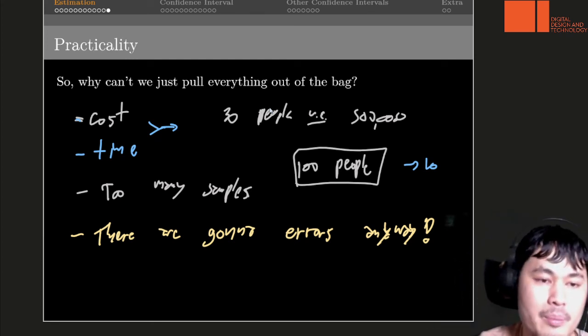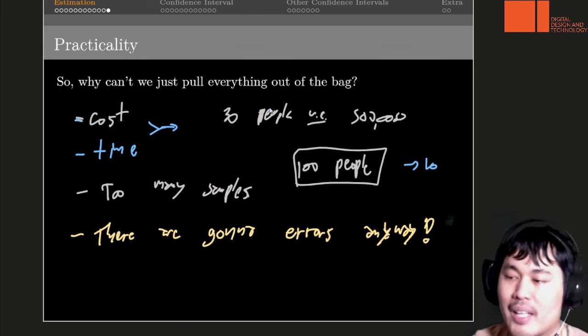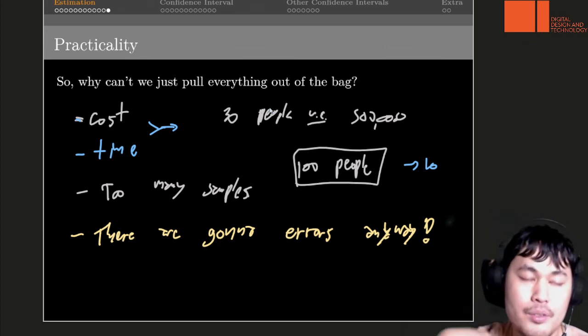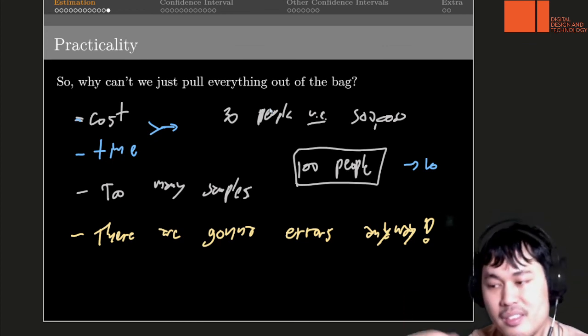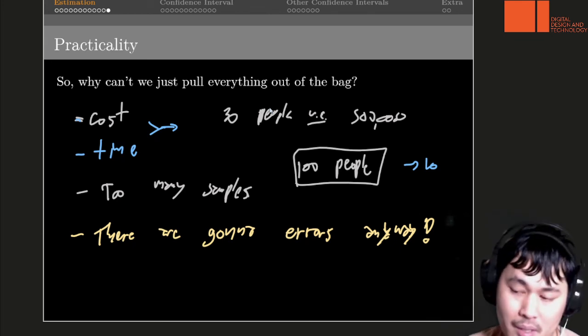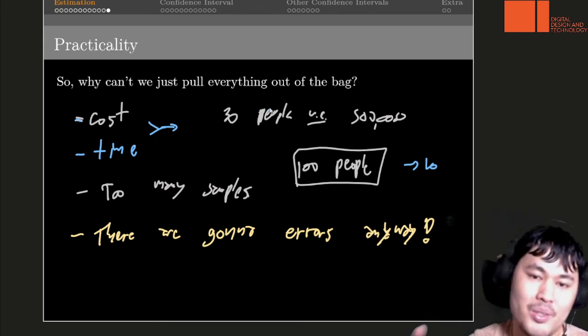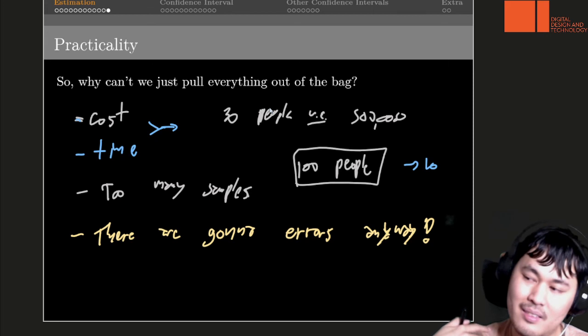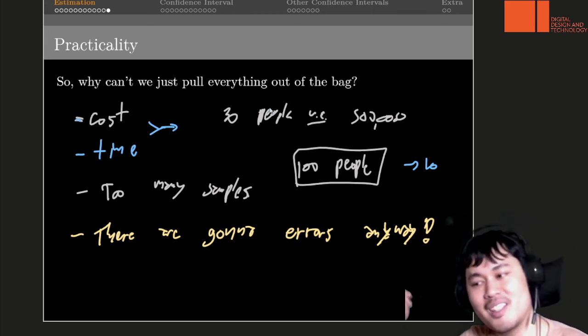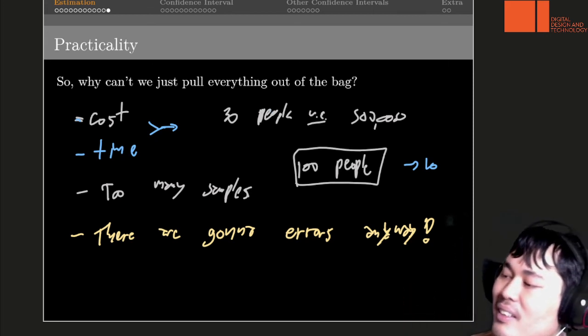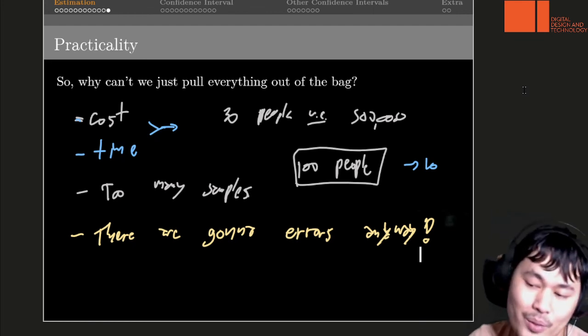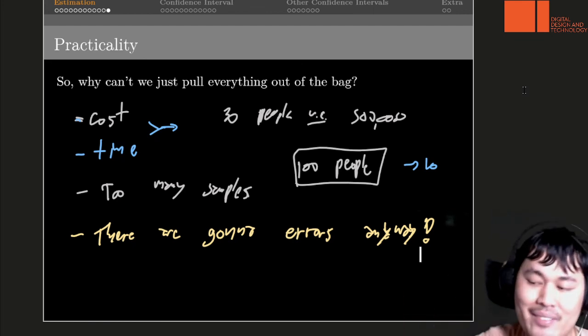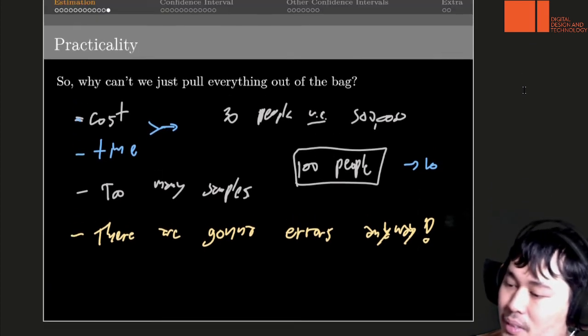There could be human errors. You ask them and they give you an incorrect response because they misunderstood the question, or maybe they give you the correct answer, but you misheard them and write it incorrectly, or maybe you write it correctly and someone else cannot read your handwriting and makes a mistake.